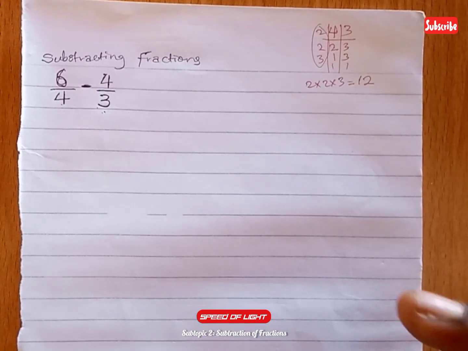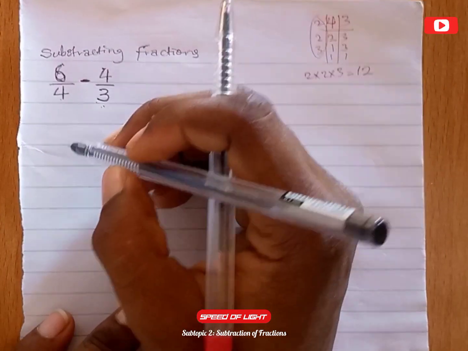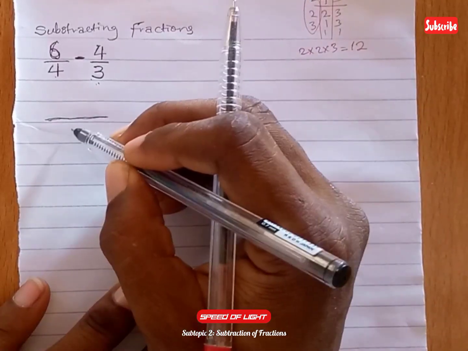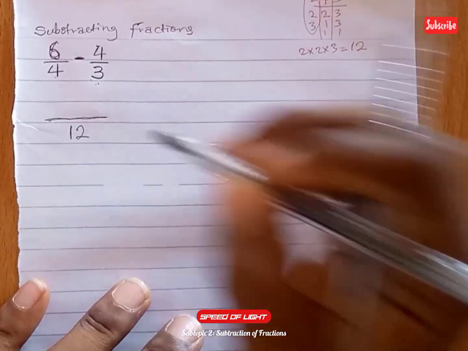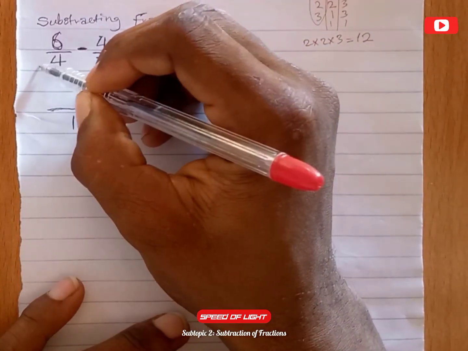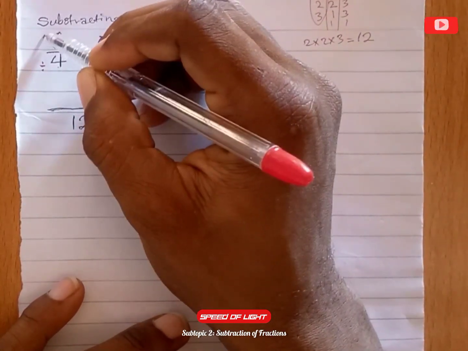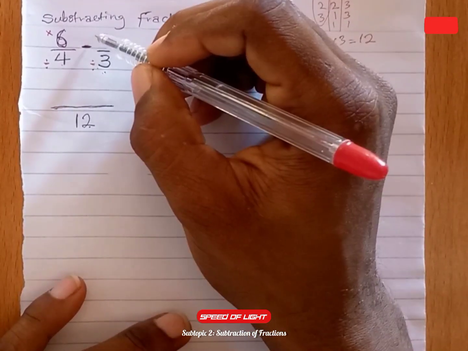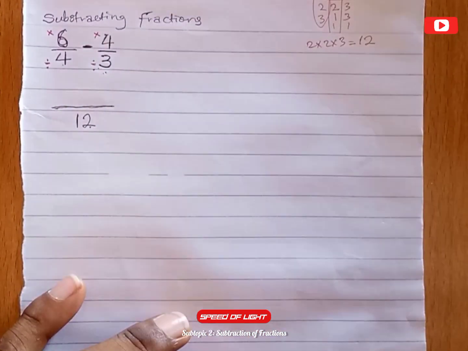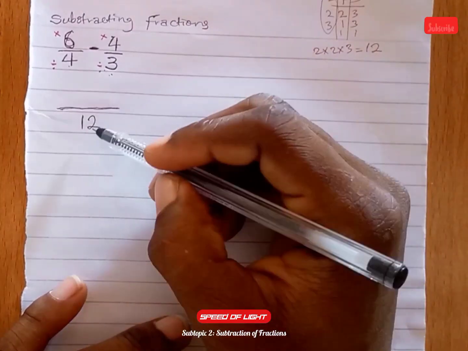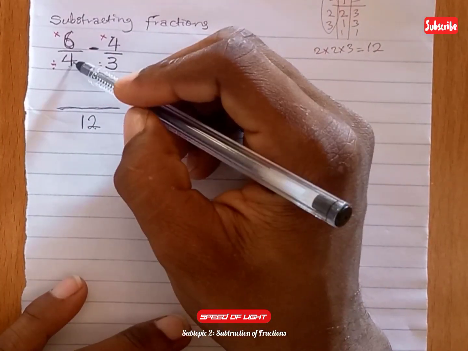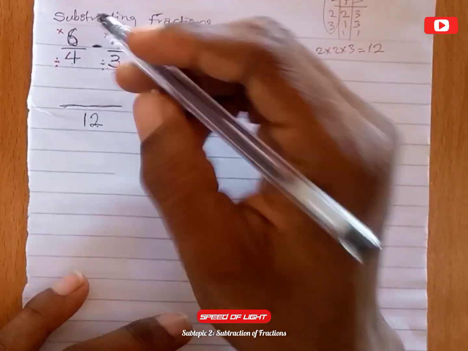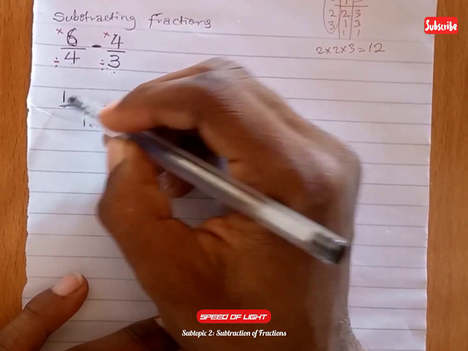Good job. So we'll bring in the 12, like I said before. Underneath it, draw a straight line, write 12. Like I told you before, the denominator we divide, then the numerator we times. That was the trick I told you before, right? So now watch. 12 divided by 4 gives us 3. 3 times 6 gives us 18.